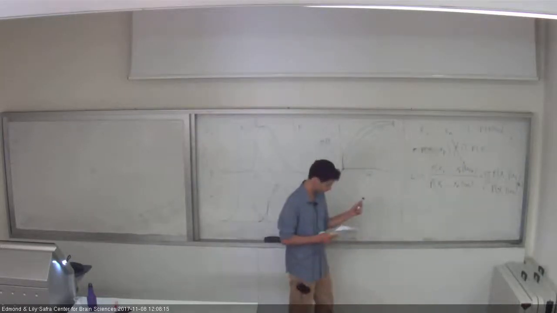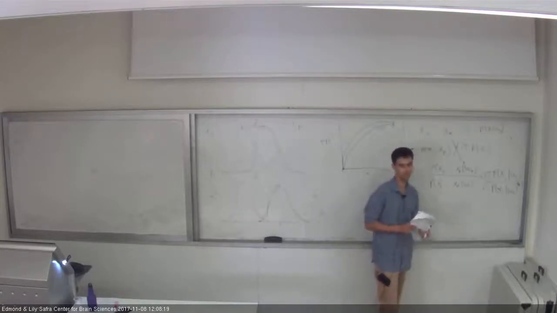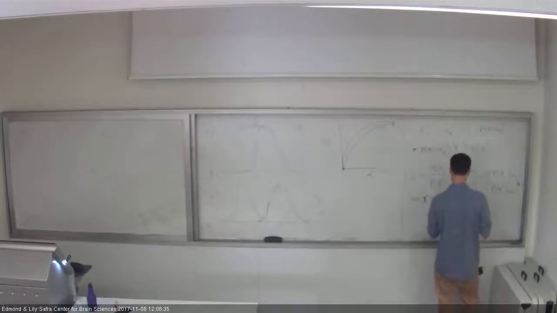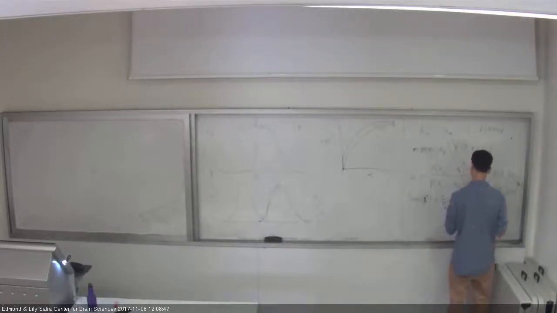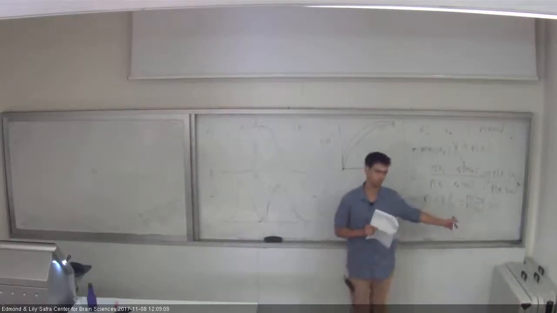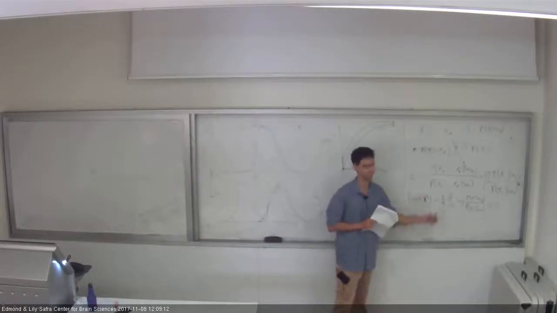Now we can take the log of both sides, and we get that the log likelihood ratio of our observations is equal to 1 over n, the sum over i from 1 to n, of the log of the ratios P of xi given omega 0 divided by P of xi given omega 1, and this is not smaller than 0. I just took the log of this term.